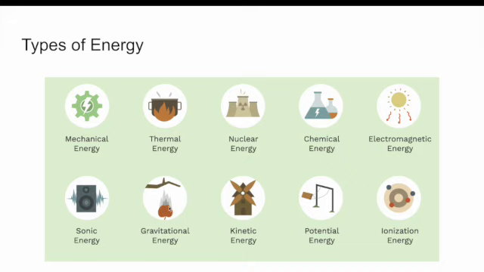Kinetic energy is just energy due to motion, and potential energy is just the energy that something could potentially get because of a property. So, for example, how far it's stretched or its height above the surface, something like that. And then ionization energy is sort of the energy with the ions. That's not something we really look at in IB physics.